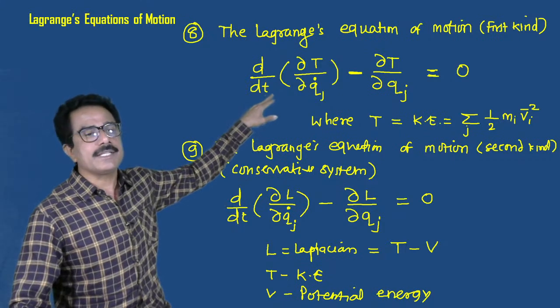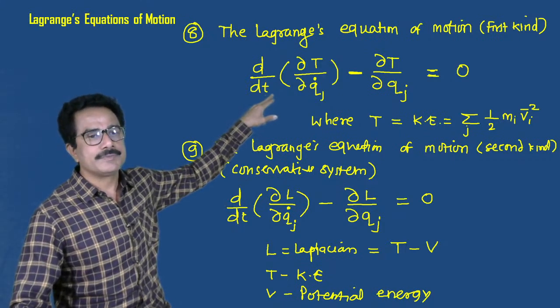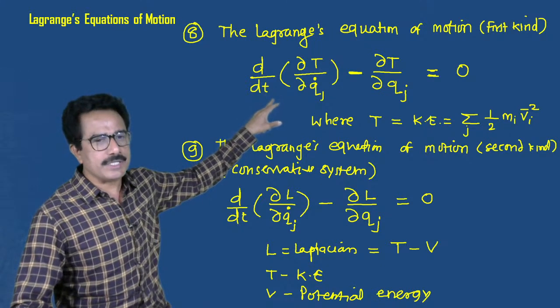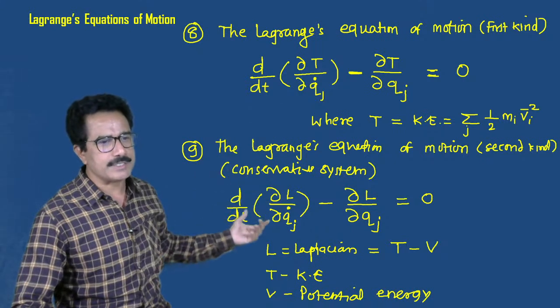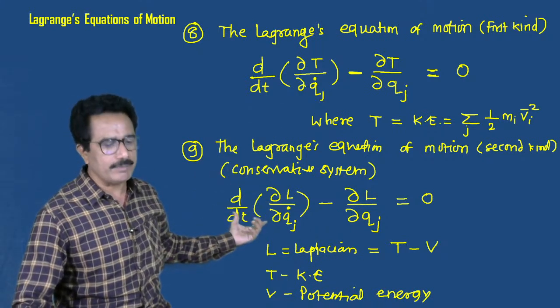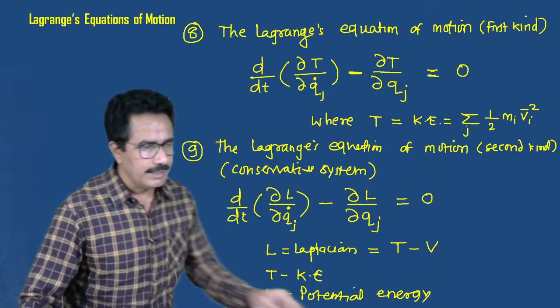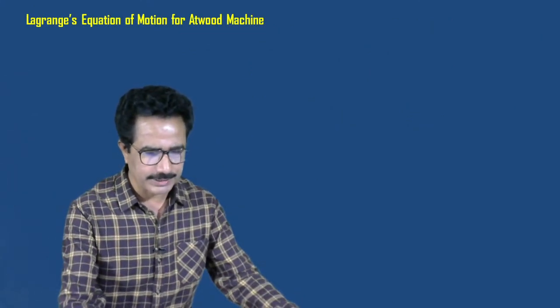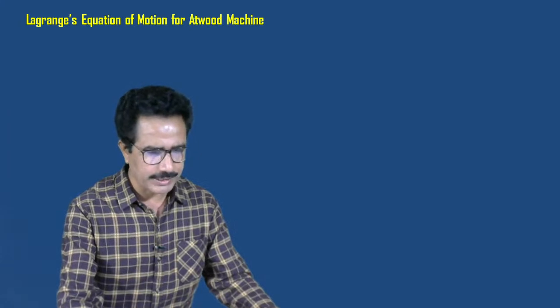So this is the Lagrange's equation of motion. We can write it in terms of kinetic energy and potential energy.